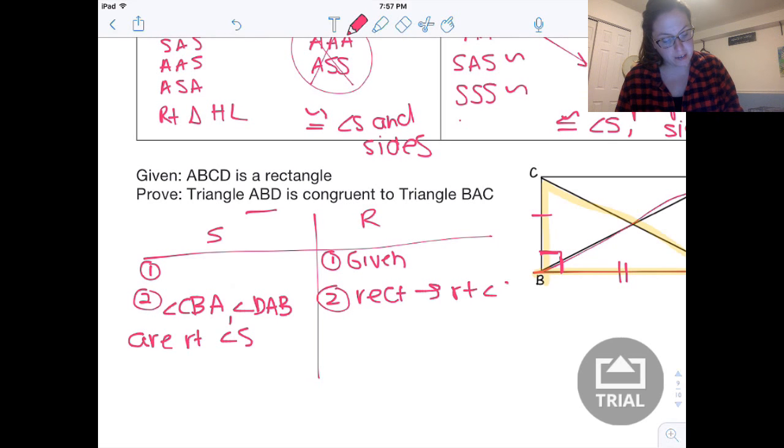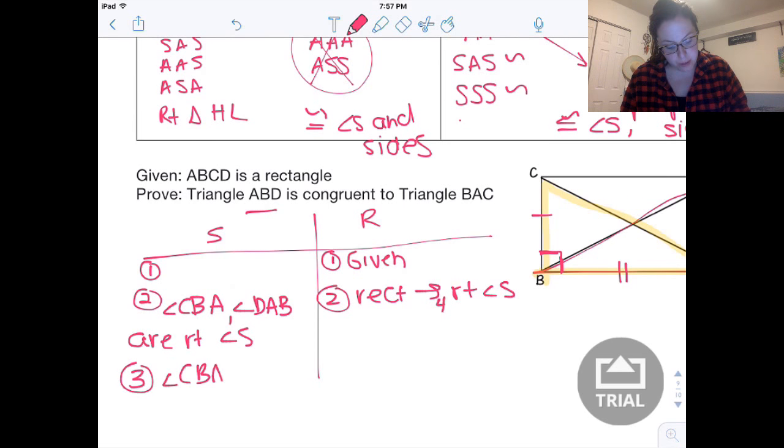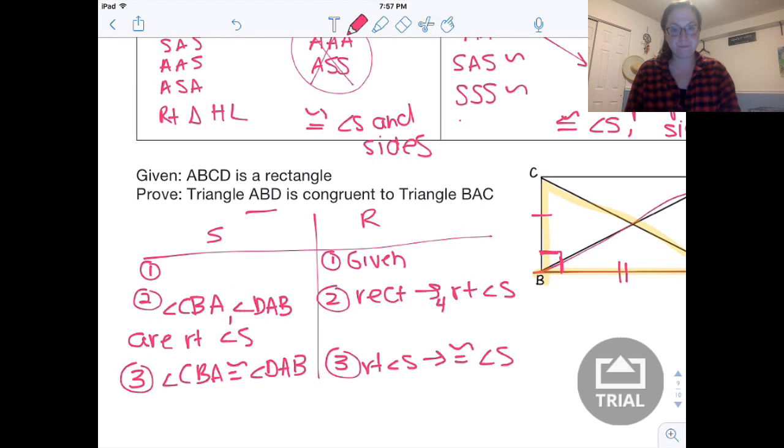And then what I know is that they must be congruent, because if they are both right angles, then right angles are congruent angles. So my plan here is side angle side. That's the angle part. Now I'm going to find the 2 sides.